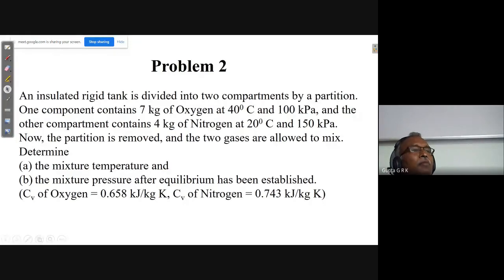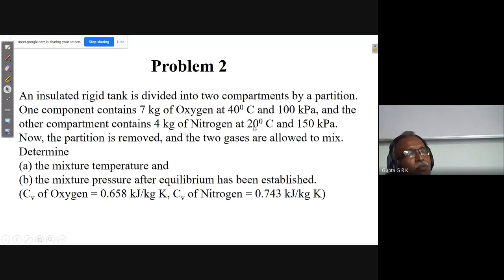So here the mass of oxygen is 7 and Cv of oxygen is given as 0.658, and the temperature difference is 40 minus Tm. And for nitrogen, the mass is 4 kg and Cv is this, and the temperature difference is Tm minus 20. Here 40 minus Tm, here Tm minus 20, because Tm is between 40 and 20.